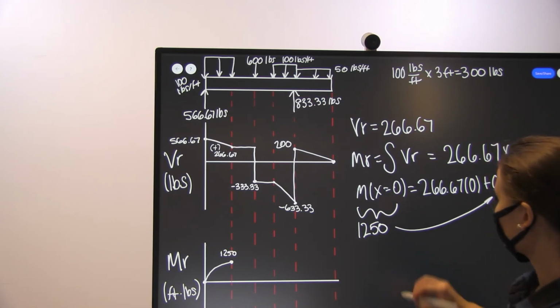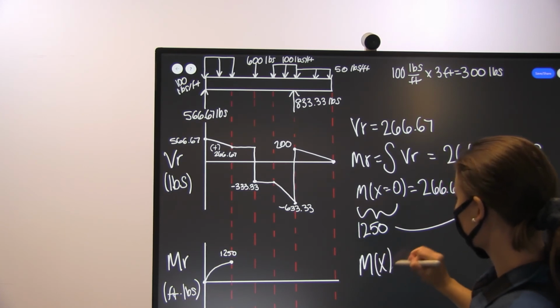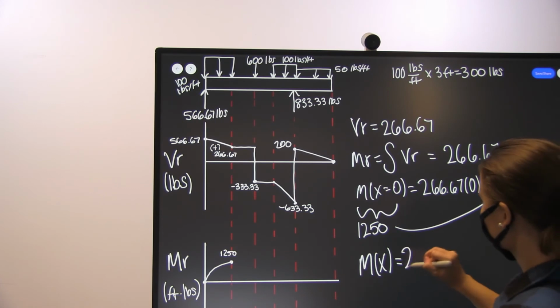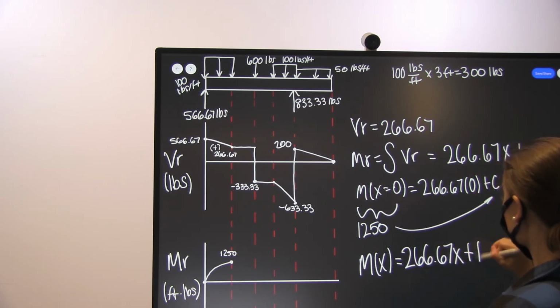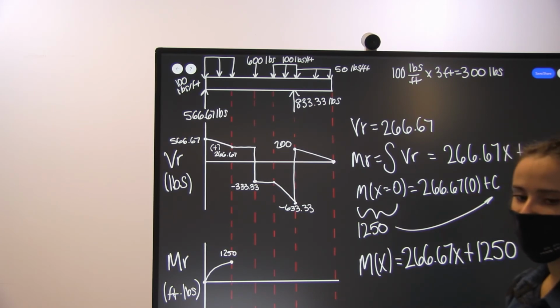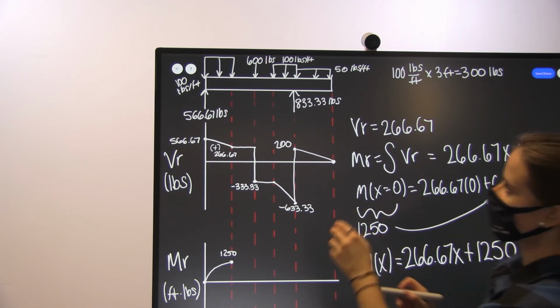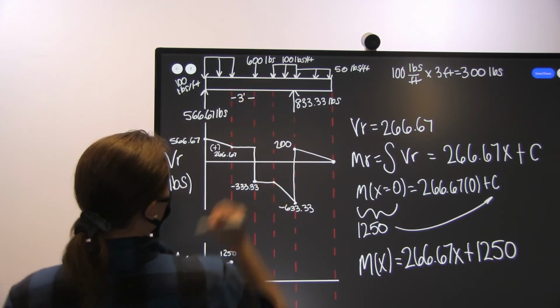So that means that our moment of x for this section right here is equal to 266.67x plus 1,250. Okay, and so from there we want to find out what our next point is, where we're going to intersect this line. And for that, that's our x equals 3 value, because this is a span of 3 feet. Right here, 3 feet.